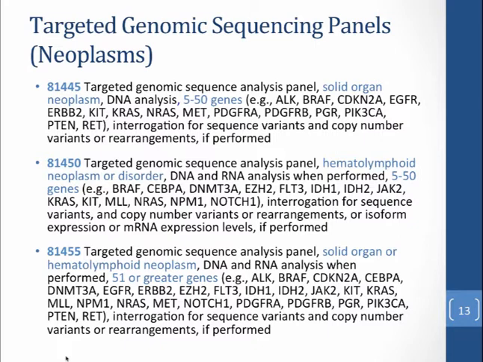The next code is virtually the same. It's, of course, for hematological neoplasms as opposed to solid organ. And then the last code is if you exceed 50 genes for either solid or hematological, then you're going to end up with this code.